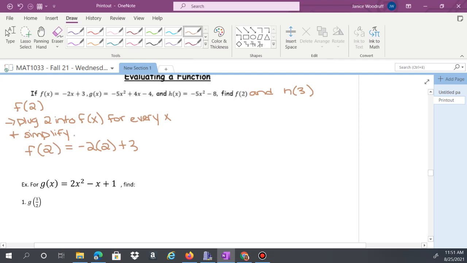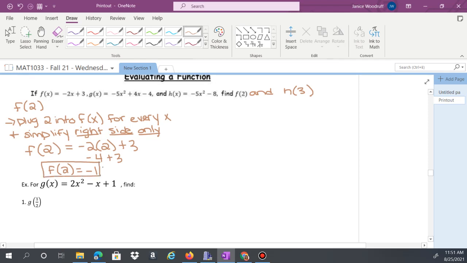Now when we simplify, we're simplifying the right side only. We're not solving for anything. So all we're doing is on this side, we're going to go negative 2 times 2 is negative 4 plus 3 is negative 1. And we're going to say f of 2 equals negative 1.